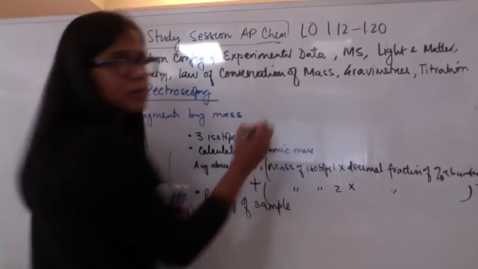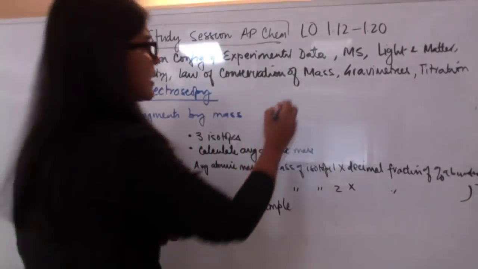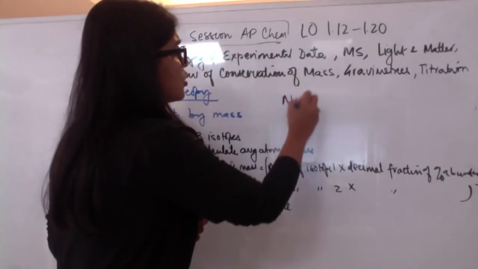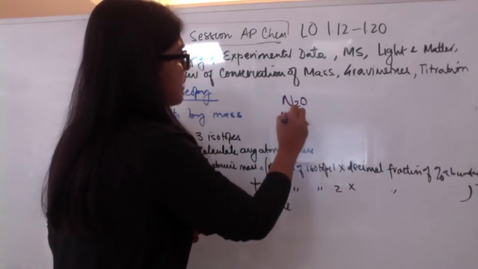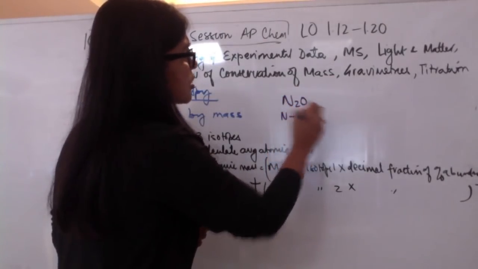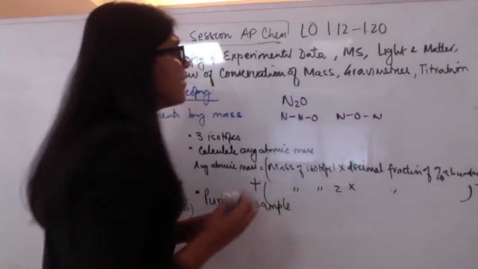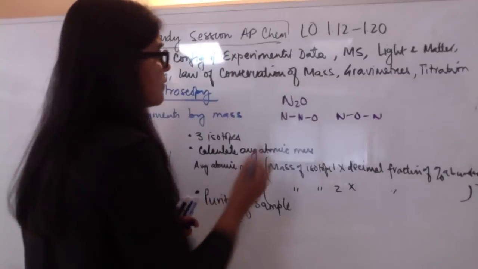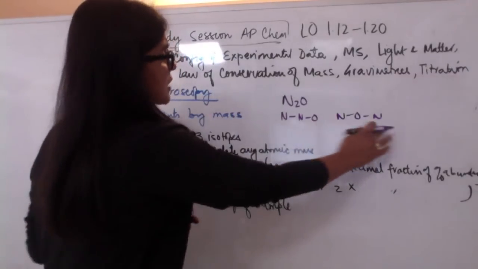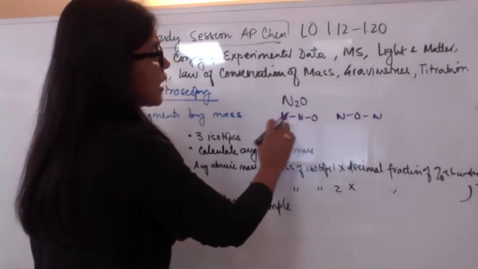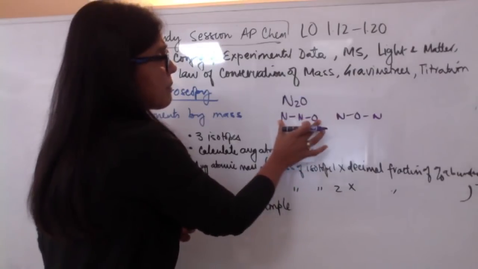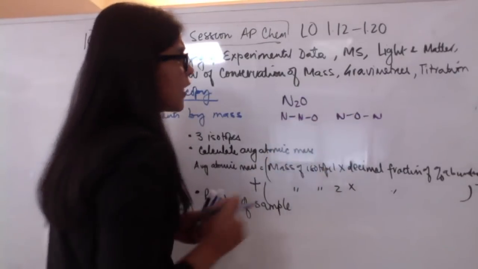For example, the one that I took in the class was N2O, nitrous oxide. There was a debate whether the structure of nitrous oxide is NNO or NON. When you feed it through a mass spectrograph, what can happen is no bonds are broken. If no bonds are broken, then you will get the mass of this whole fragment.